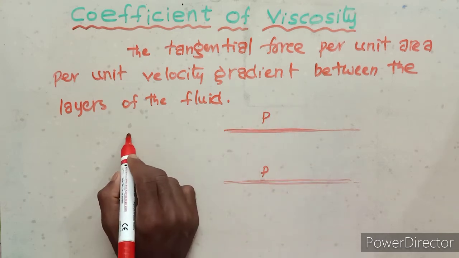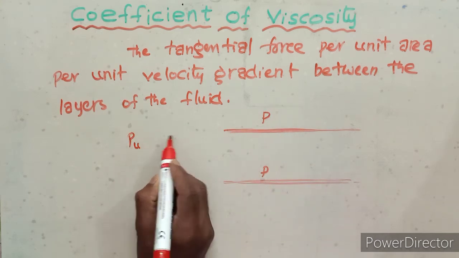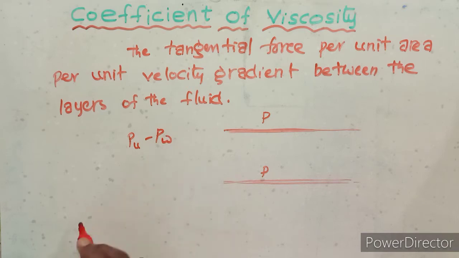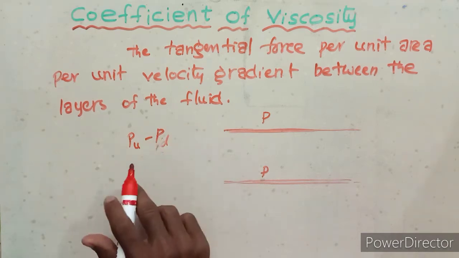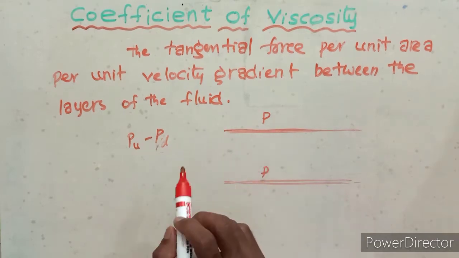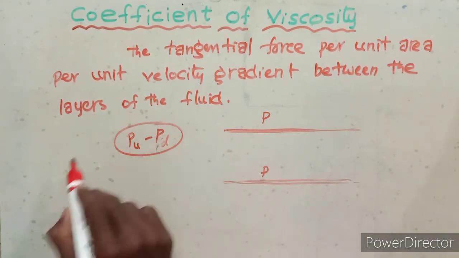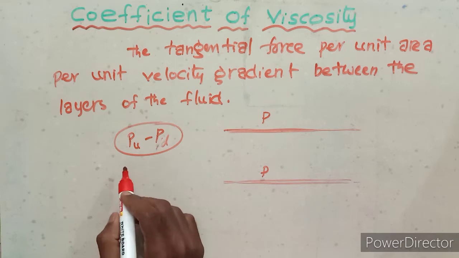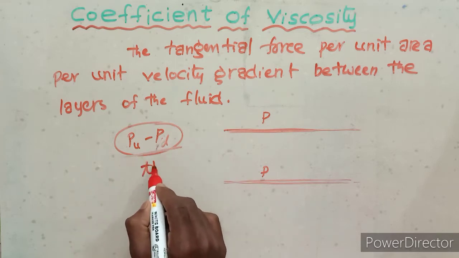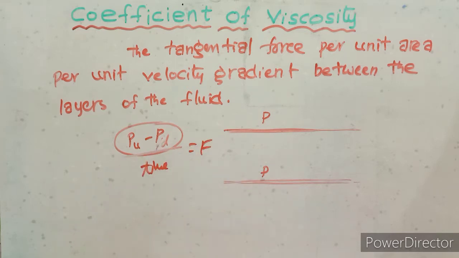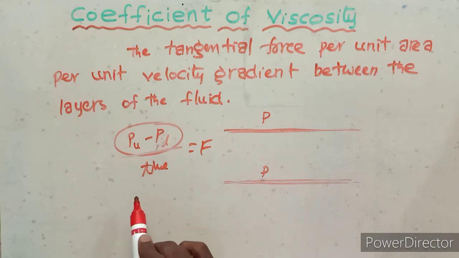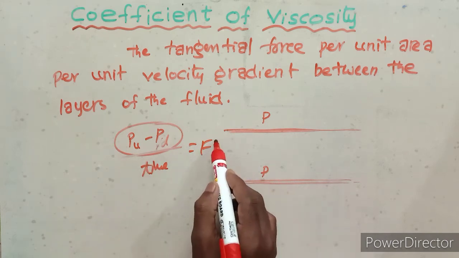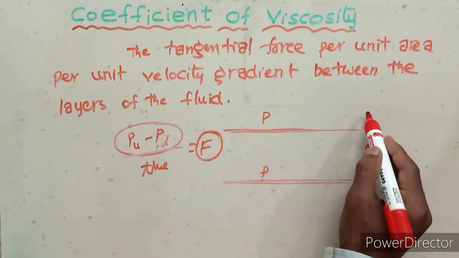The change in momentum is the P upwards, P downwards layer, not downwards layer, upwards layer. This is the change in momentum. Change in momentum by time equals to force. So the force here is tangential force.